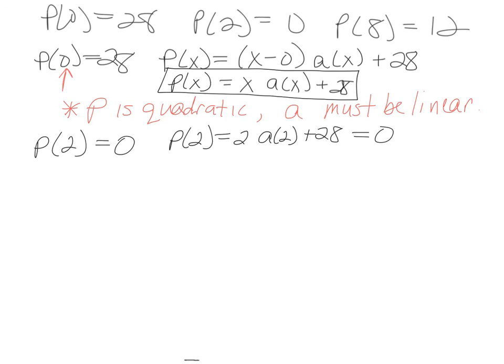So we just used this 2 and the 0. We plugged 2 in for x, and it was equal to 0 because that's what the remainder theorem tells us. Okay? All right, let's simplify a little bit. We get 2 times a of 2 is equal to negative 28. Therefore, a of 2 equals negative 14.